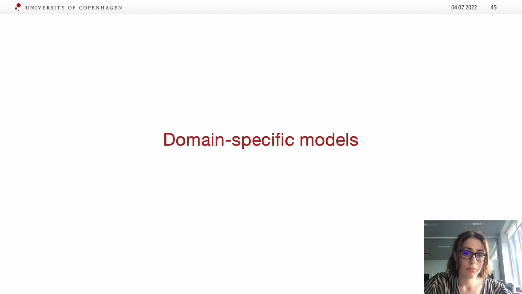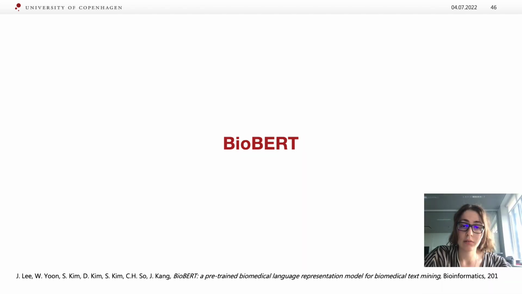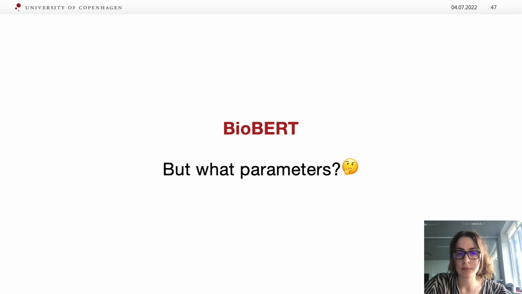And then we have the model to train, and BERT is a very good model, but there are more domain-specific models, and we decided to go with the biomedical version of BERT, otherwise called BioBERT. But what parameters do we use to train this model?